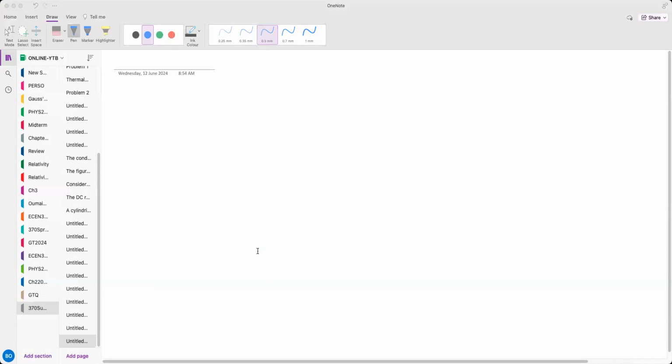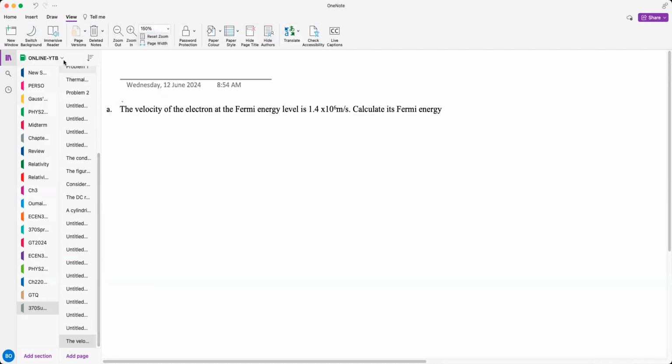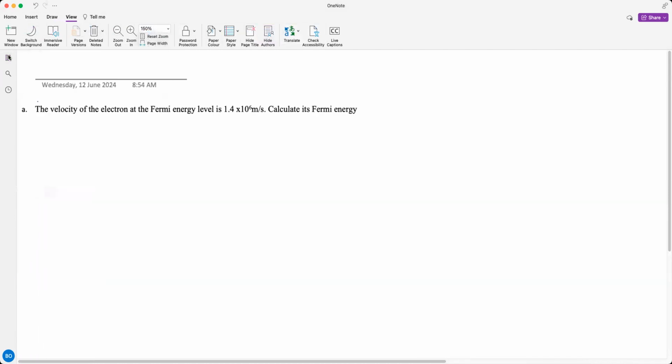There's one question here, for example, this one. The velocity of the electron at the Fermi level is this. Calculate its Fermi energy.